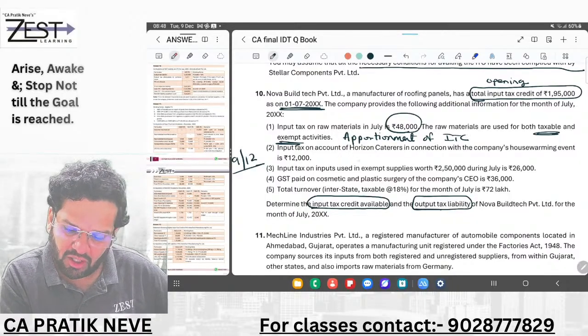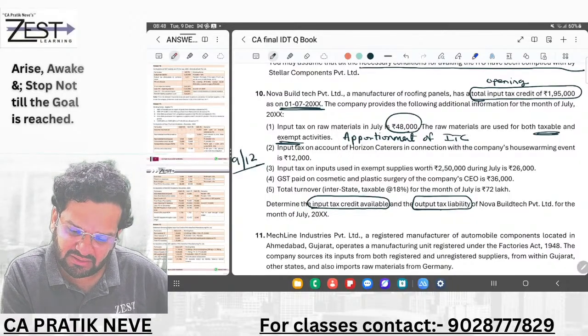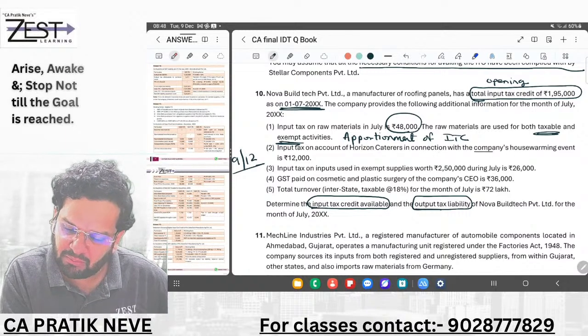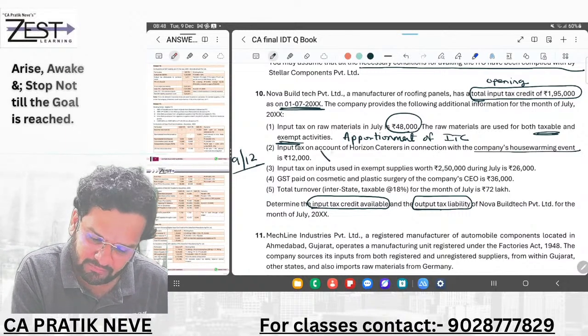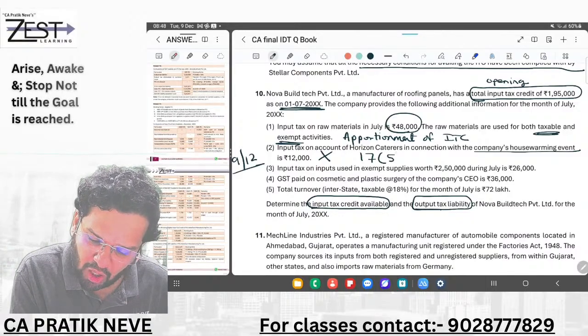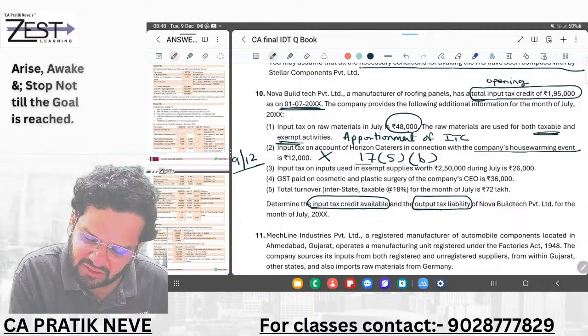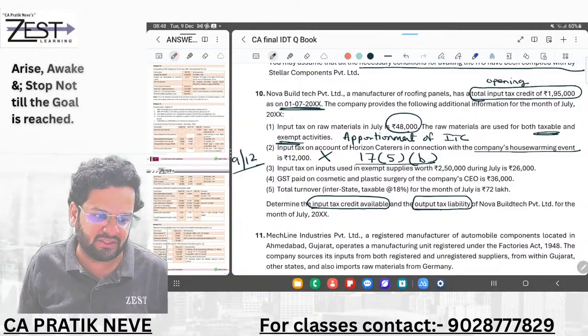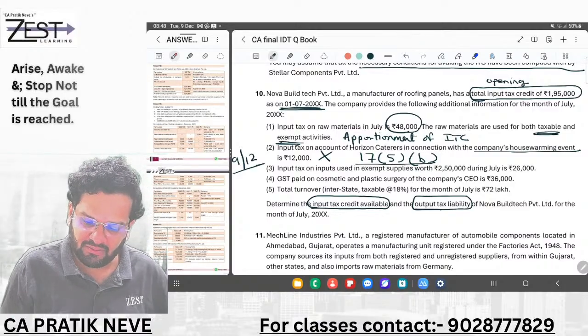Input tax on account of Horizon Caterers in connection with company's housewarming event, no ITC. On catering, ITC is blocked. Even if that catering is used in course of furtherance of business, ITC is blocked.